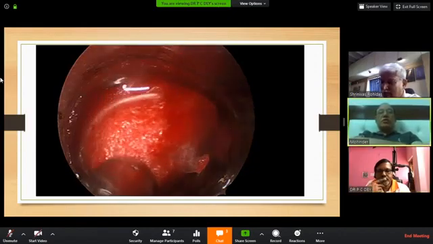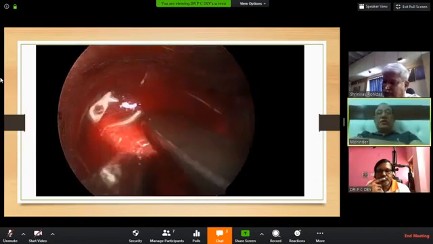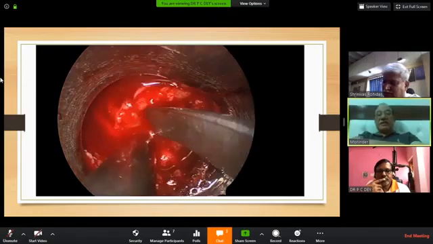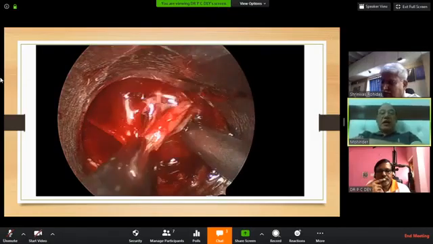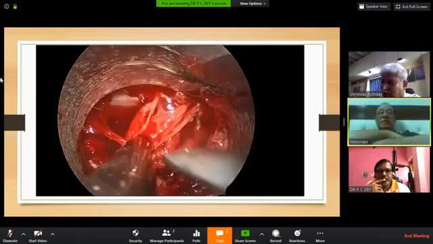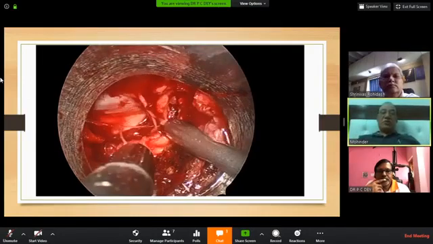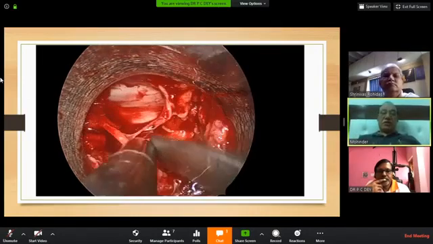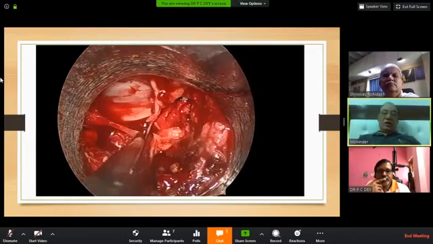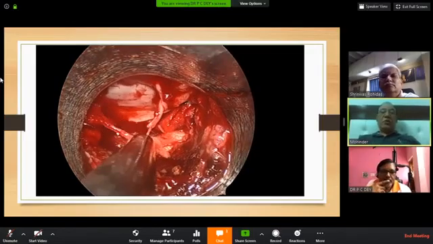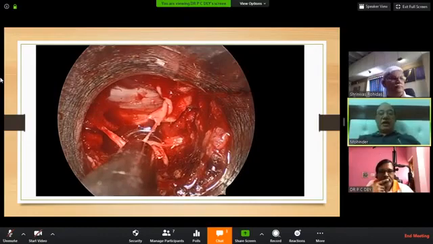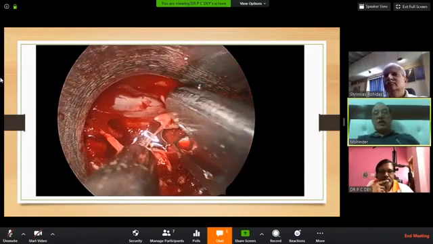That's why I want to tell you that any history of intake of blood thinners is very, very important. Preoperatively one has to evaluate and assess the patient. Even the anesthetist evaluates that part.